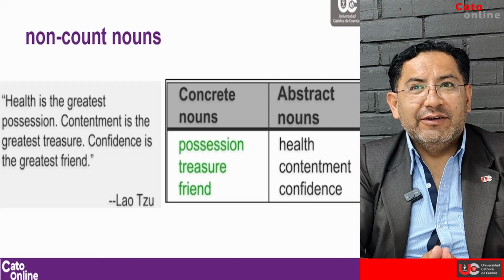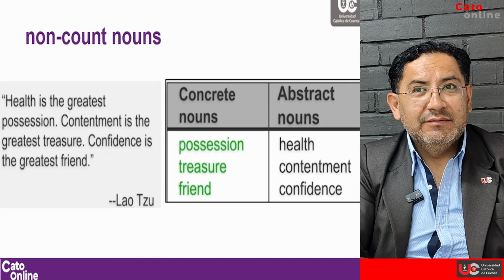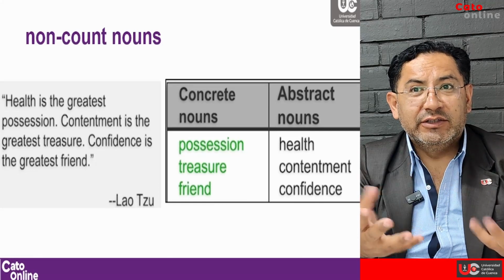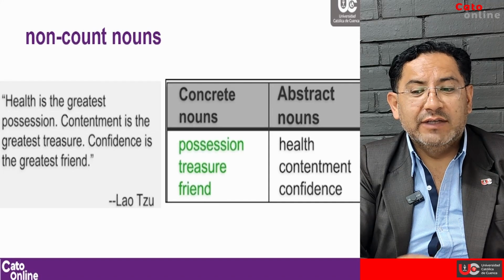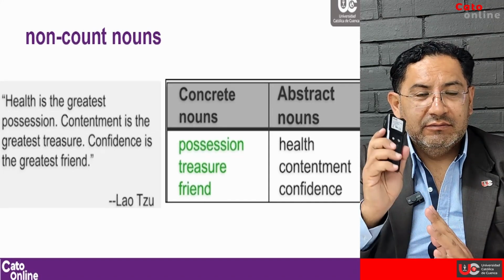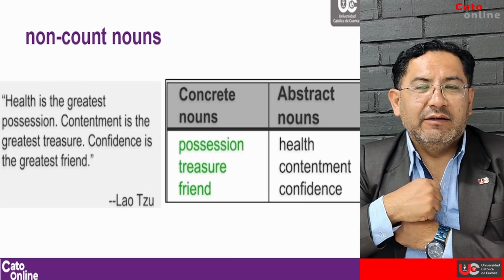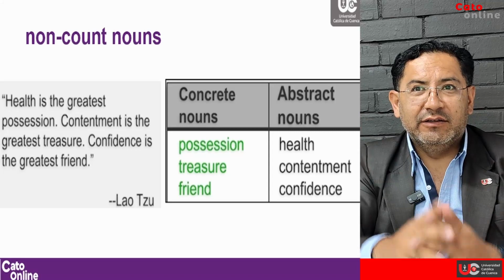Okay, what are the concrete nouns? Possession, treasure, and friend. These are concrete nouns that I can touch. For example, this is my treasure, my friend. A friend, I can give the hand, I can talk, I can see, I can touch a friend.